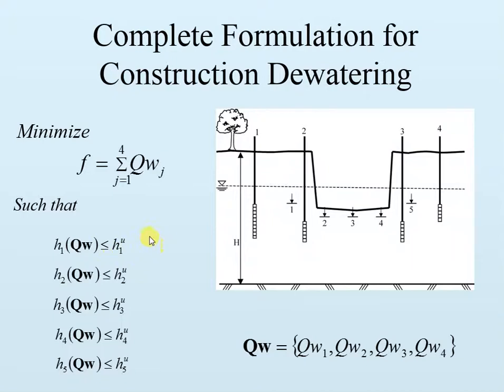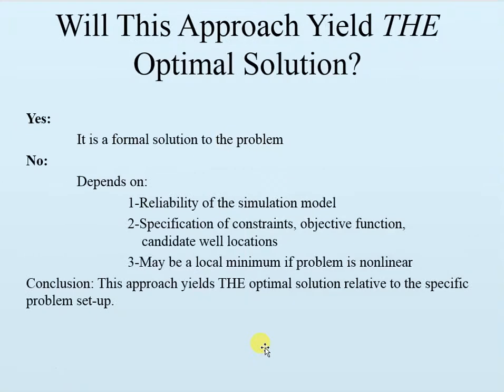So here's our complete formulation. We're minimizing, here's our objective function, we're minimizing the sum of pumping, and here is our set of constraints, and those must be satisfied. And here, of course, are our decision variables. Now, I just want to mention this question, will this yield the optimal solution?